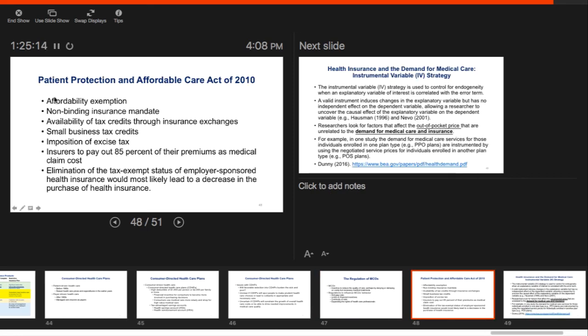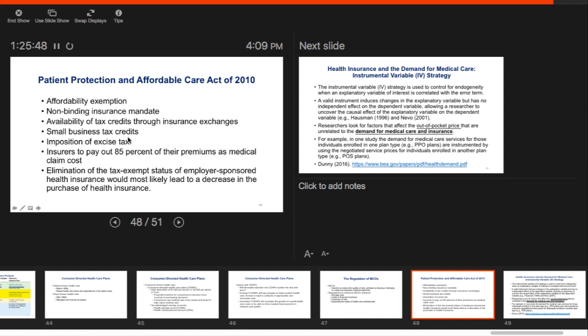After the Affordable Care Act, which tried to make insurance affordable for people, first of all they took out the exclusion of pre-existing chronic diseases, and then through the availability of tax credits through the insurance exchanges, they made insurance available.